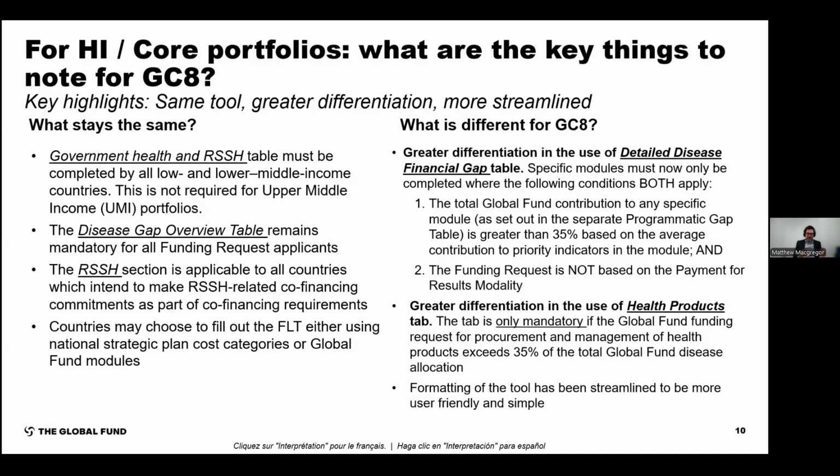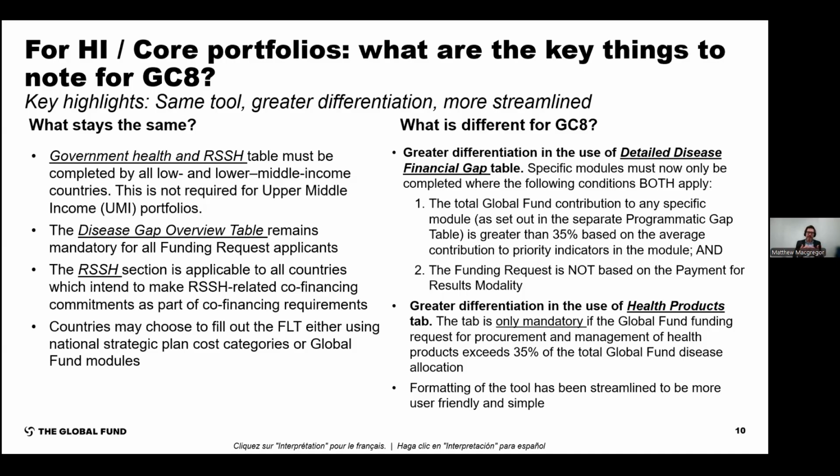It's still the case that all lower middle income and low income countries need to fill out the government health and RSSH table in the tool, but this is not required for upper middle income portfolios.